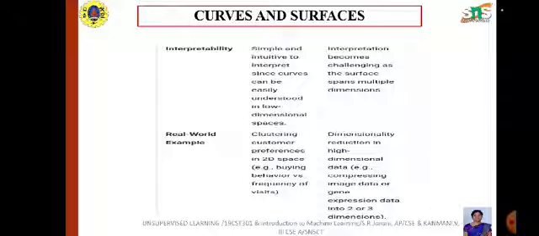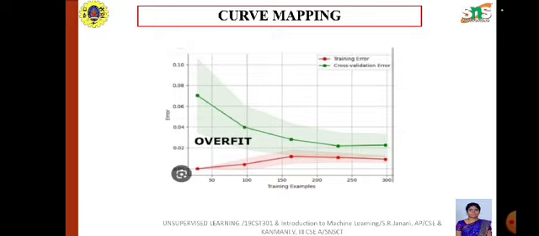And we have real world examples: clustering customer preferences in 2D spaces for curves, and for surfaces, dimensionality reduction in higher dimensional data, compressing image data or gene expression data into 2 or 3 dimensions. So this is an image of how the curve is mapped when we use it for 1 dimension and 2 dimensions.